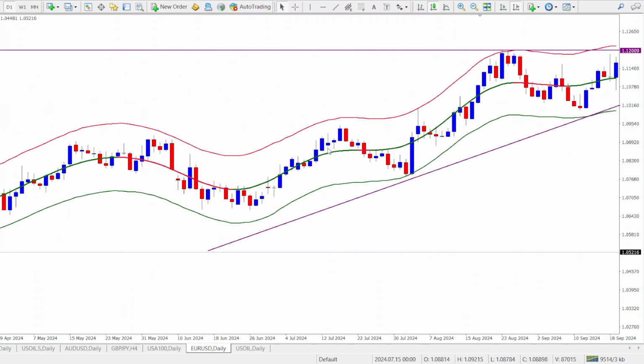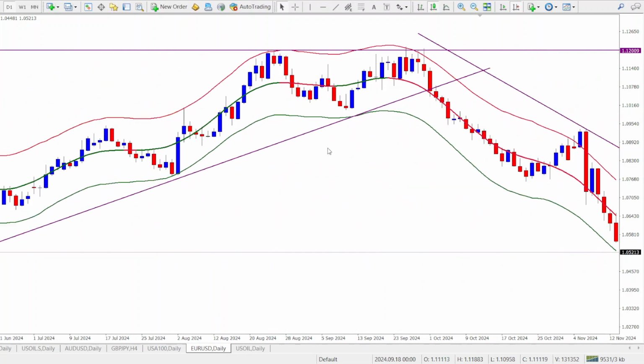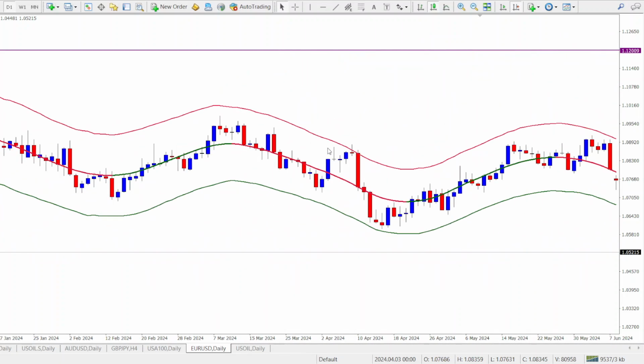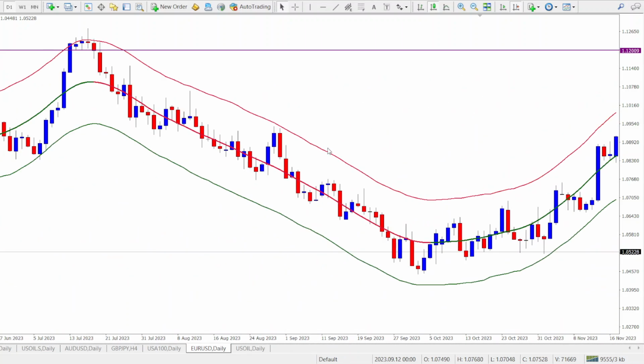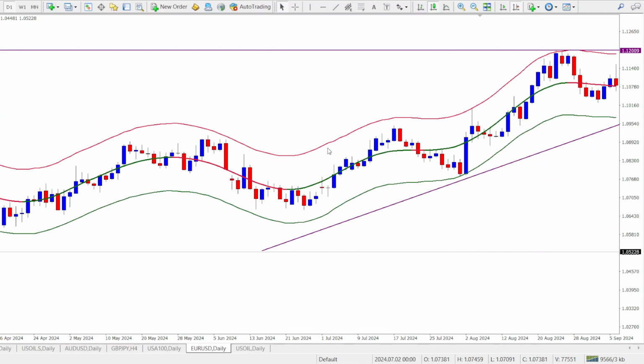Now, this indicator provides insight into the potential strength in the trend, when the trend is getting stronger.